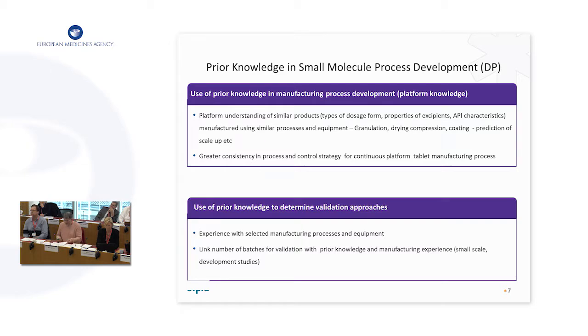What about drug product? Let's start at the bottom of this slide. The validation piece. We've heard this morning that when you start to understand your process through the application of prior knowledge, it can potentially impact the validation expectation at the point of submission. That's already available to us in the European system and guidances.